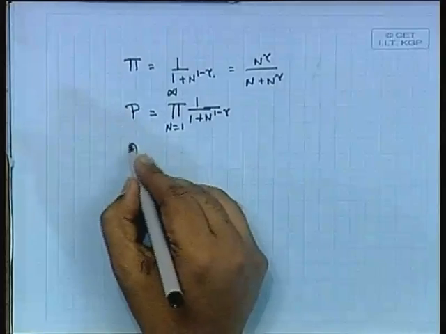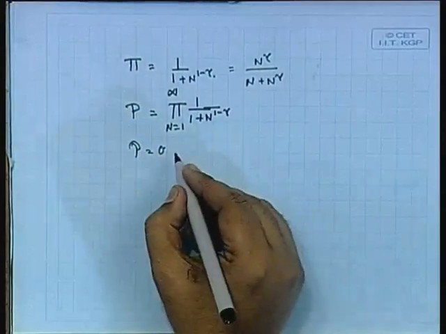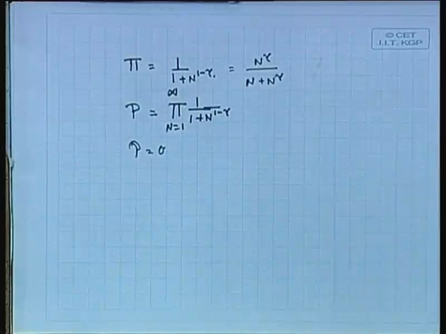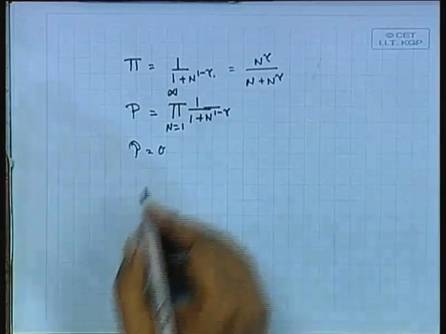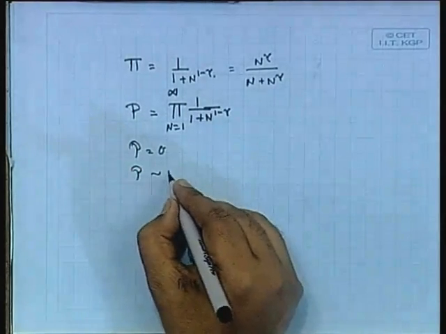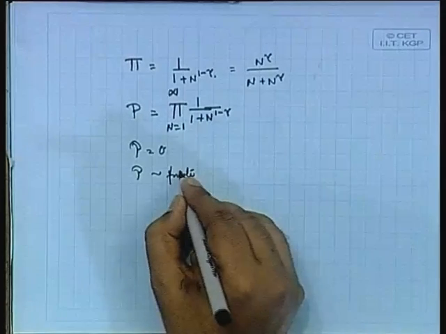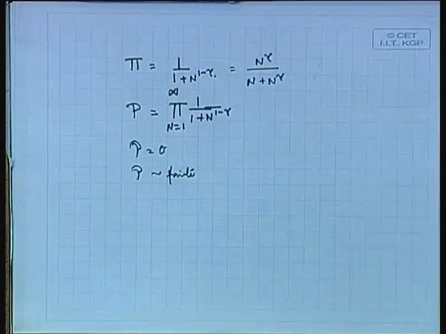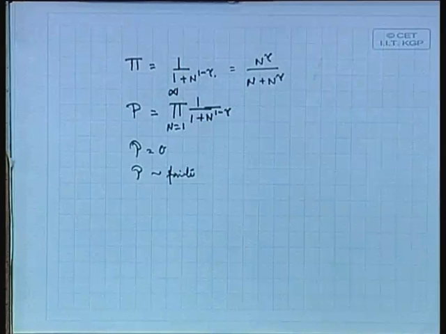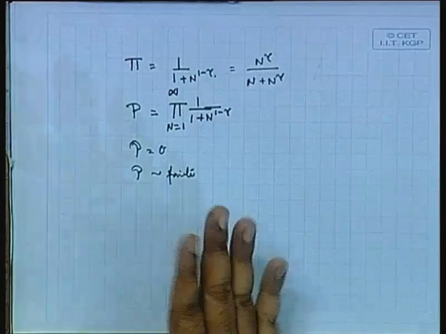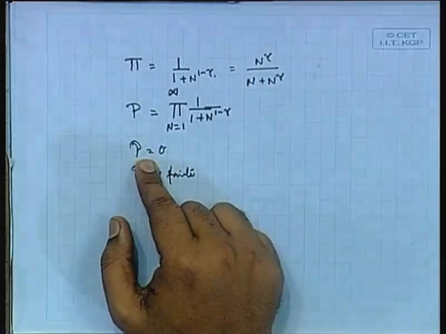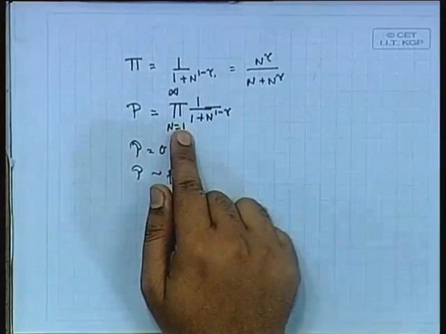So this probability, if it is equal to 0, then what do we say? That this process cannot occur. But if this probability is finite, then we can say that this process can occur. If this probability is 0, we can immediately say there is no chance, this will not happen. And who is controlling the probability in this equation?